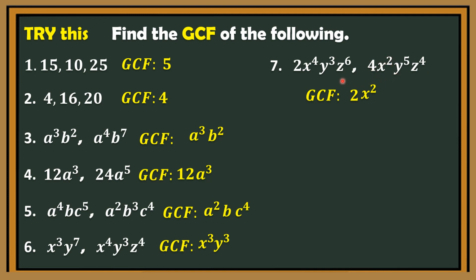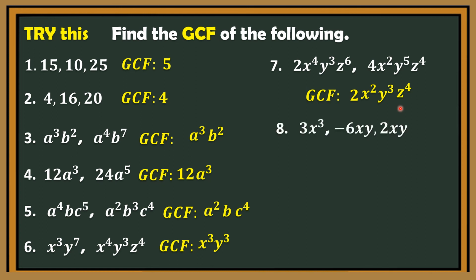Is it common? Yes. So what is the greatest common factor? Y cubed because 3 here is the least exponent of Y. How about Z? Z raised to the 4th power. So this is now the final answer. 2x squared, y cubed, z raised to the 4th power.